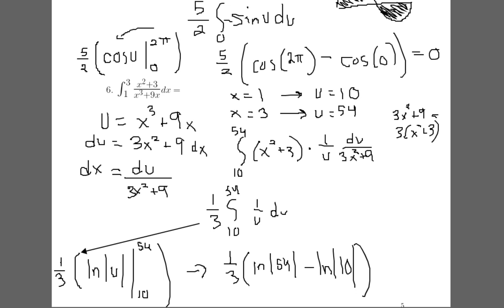In this case, we would substitute x cubed plus 9x without changing our integral domain, and then calculate it in terms of x rather than in terms of u, and find our integral from 10 to 54 in this case.